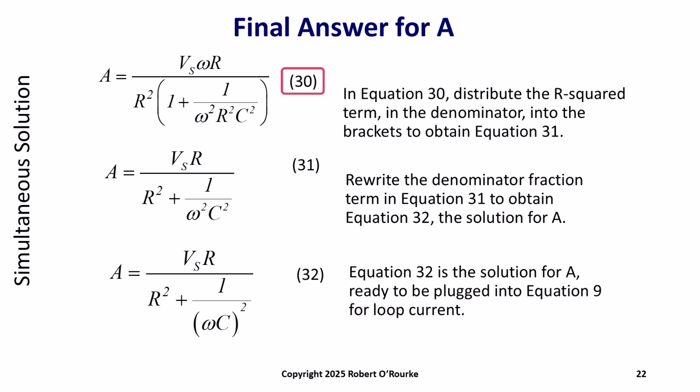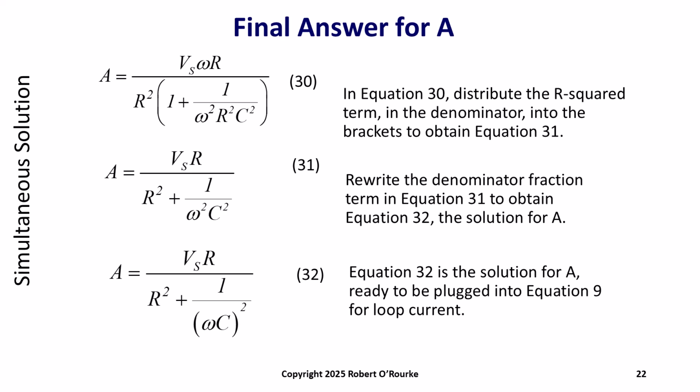Next, we distribute the R squared term in the denominator of equation 30 into the brackets, resulting in equation 31, where the 1 becomes R squared and an R squared term cancels. Equation 32 just adds brackets and rewrites the squaring in the denominator.